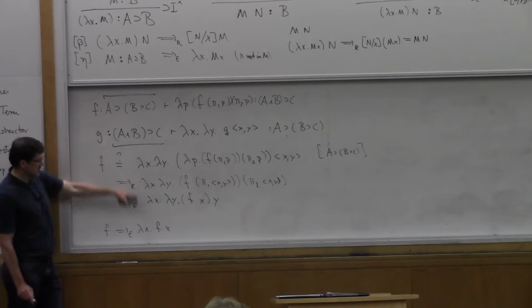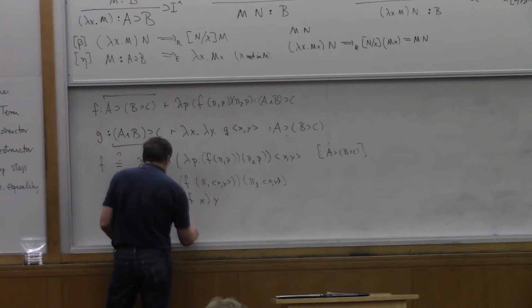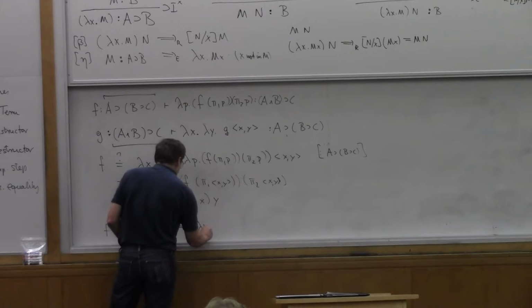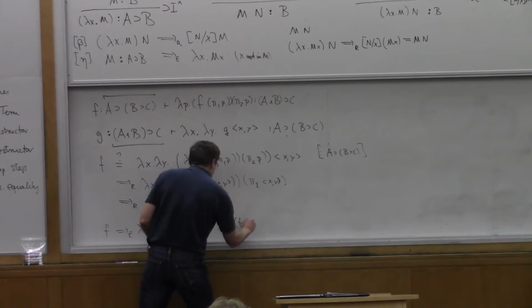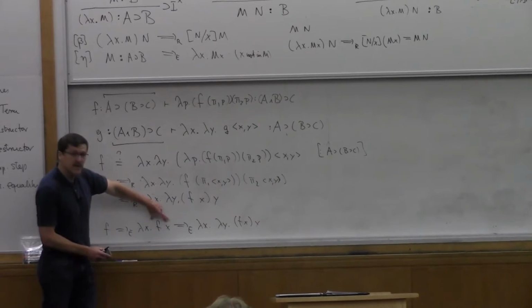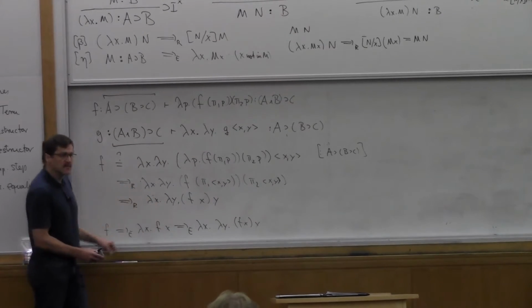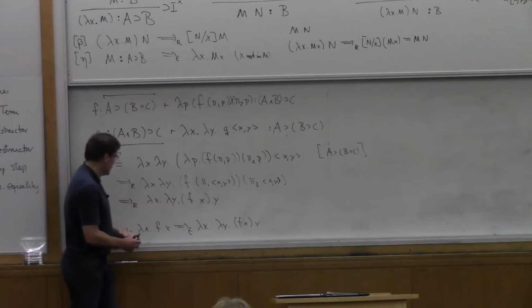B implies C, so I can apply eta expansion again. And so this expands again into lambda x and then lambda y, f applied to x, and that applied to y, again by expanding f applied to x this time. Do you notice something about the two lines? Those two things happen to be equal.